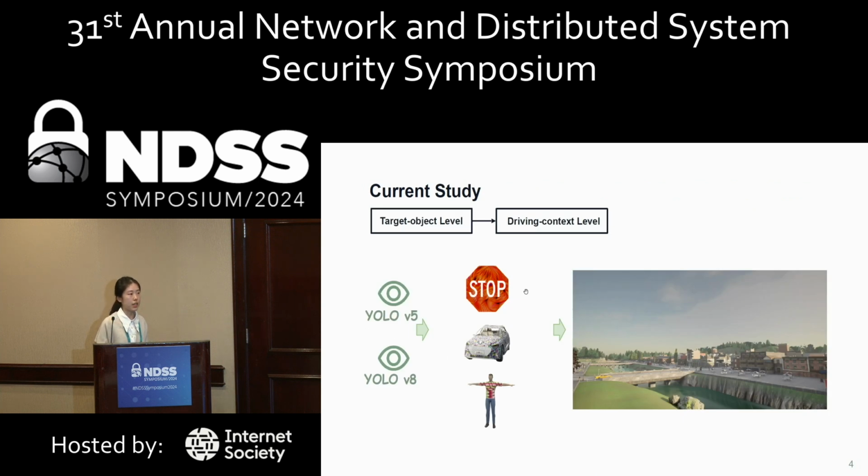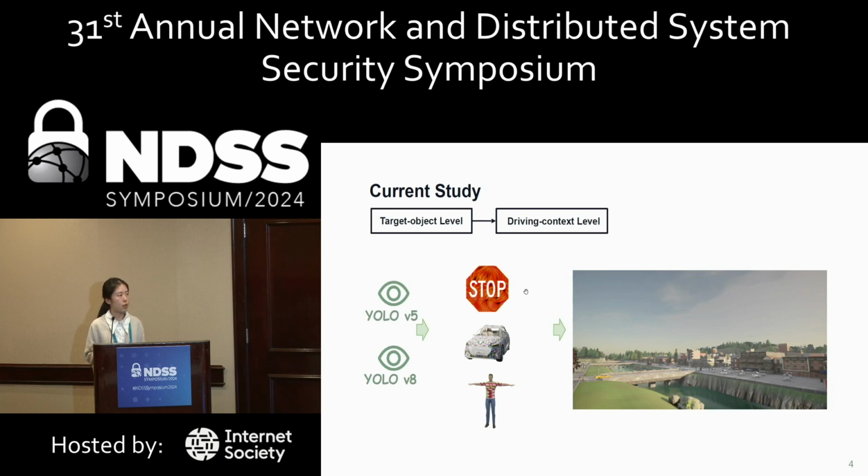Our current study mainly aimed to obtain an understanding of the detection distribution under different attacks. We mainly focus on two levels: first is the target object level, and the second is the dynamic context level. We chose the state-of-the-art detector models, YOLO v5 and YOLO v8, to do the attack.